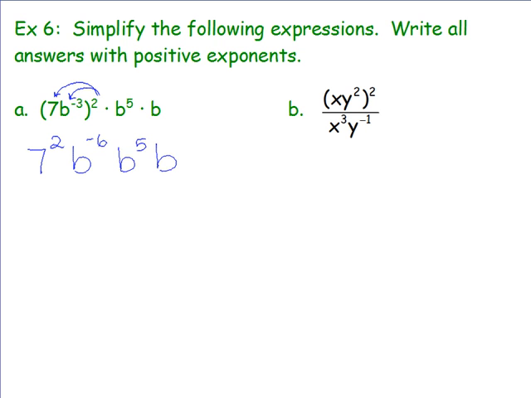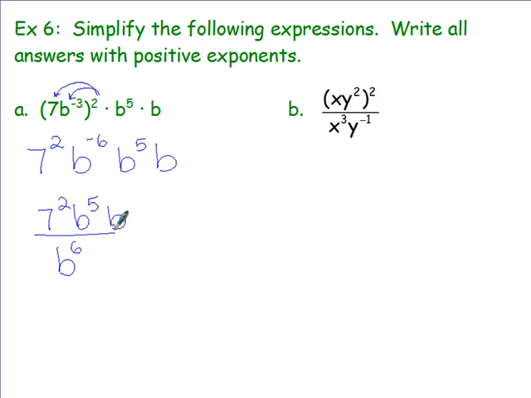Next, is everybody happy? No. Make your fraction bar. 7 squared is happy. He stays on top. This B, sad. He's got to move to the bottom and change from a negative 6 to a positive 6. This B is happy. He stays on the top. This B is also happy, and he also stays on the top.